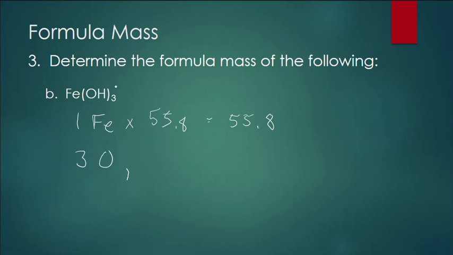Very good. She used the distributive property. That 3 outside means it's the same thing as saying this. She is correct. Distribute the 3 outside with what's inside. 3 oxygens at a price of 16.0. 3 times 16.